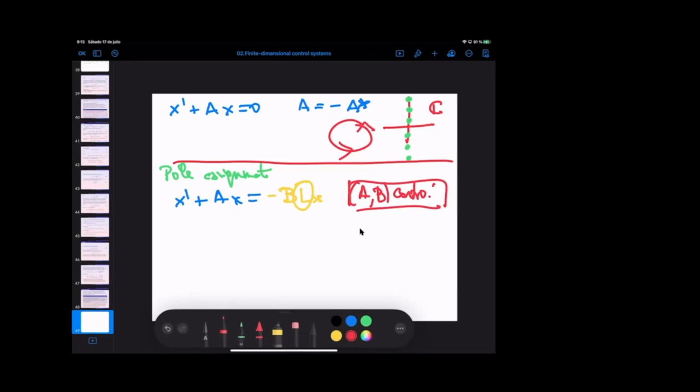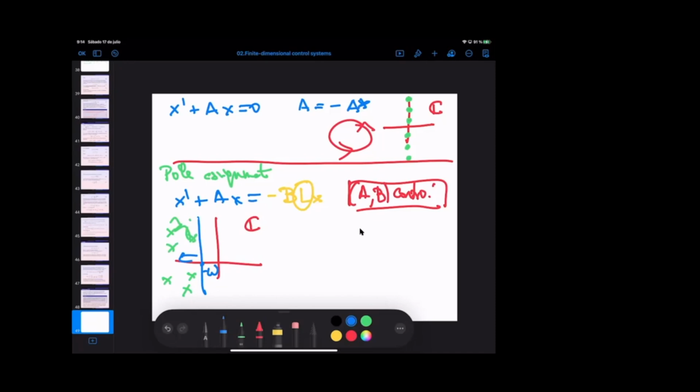If I do that, then what I'm claiming is that whatever spectrum you give me in C, for instance, you might want eigenvalues to be now here. These are the new eigenvalues, lambda J, so that they are to the left of the imaginary axis. And therefore, this gives you some decay rate minus omega, which is given by the spectral abscissa, the vertical separation with respect to the imaginary part.